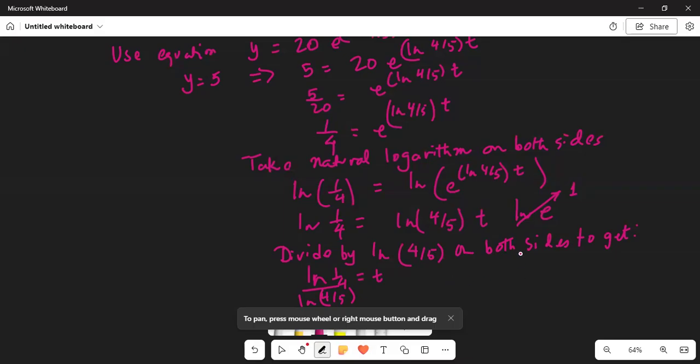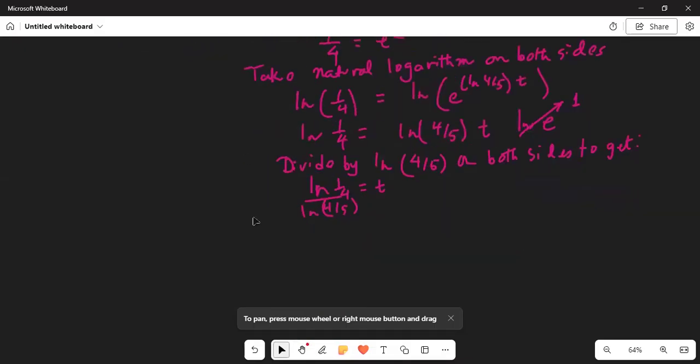So if I create a little bit more space, t is equal to ln of 1/4. I will find out in my calculator what is ln of 1/4. So I press the ln key in my calculator, inside the parenthesis 0.25 because that's 1/4, and that is minus 1.3863, divided by ln of 4/5, which is 0.8.